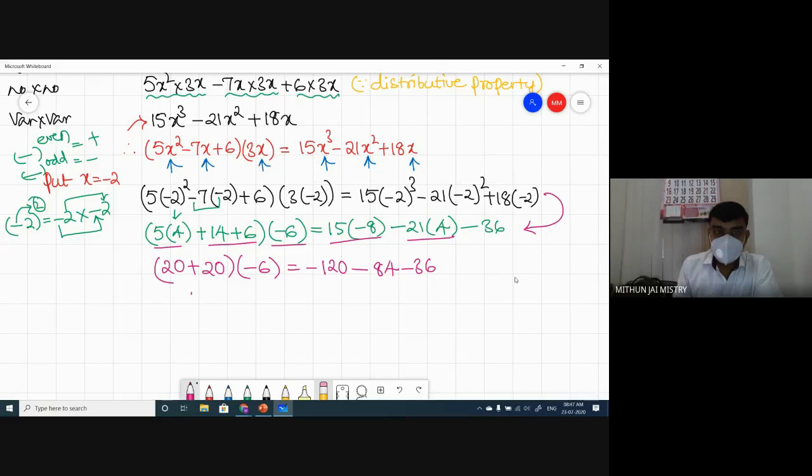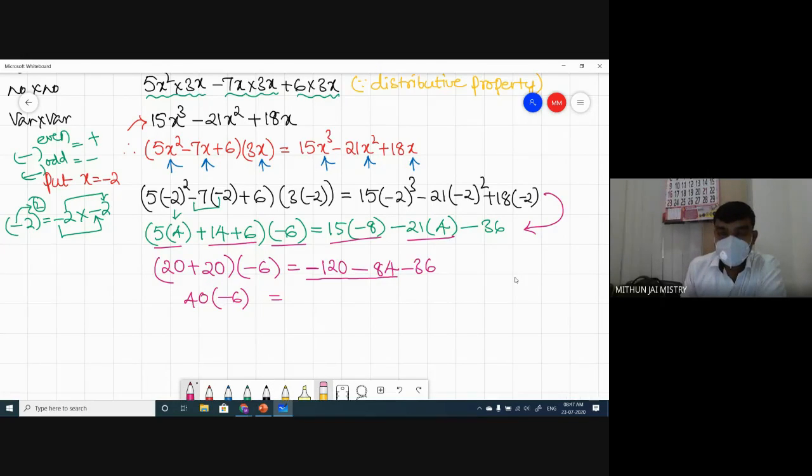20 plus 20 is 40. 40 into minus 6. And here we are getting all negative numbers, right? So obviously, when it is all negative numbers, you can underline. Now minus 120 minus 84, both are negative. So obviously you have to add, because if you are getting both symbols same, then you need to add.